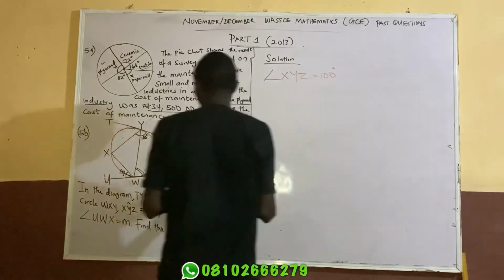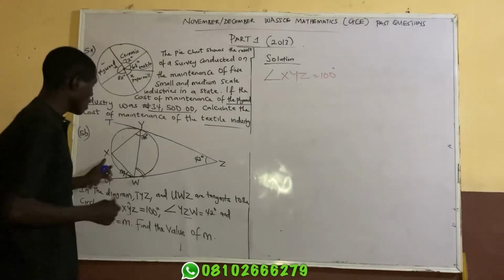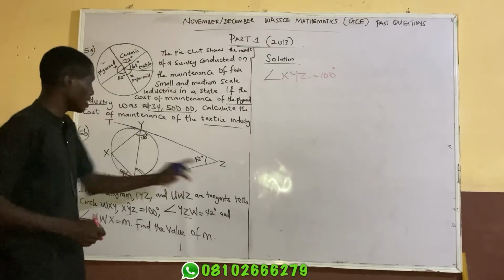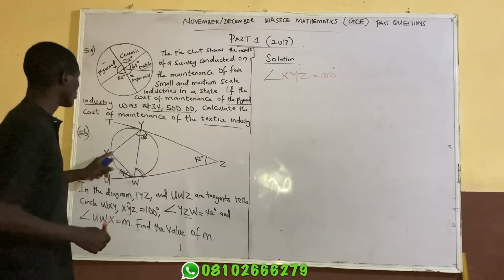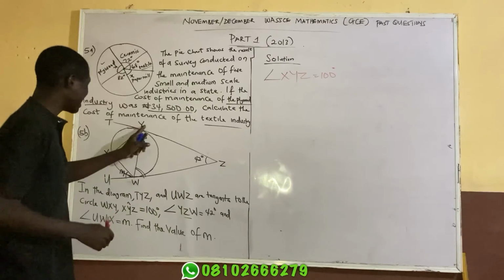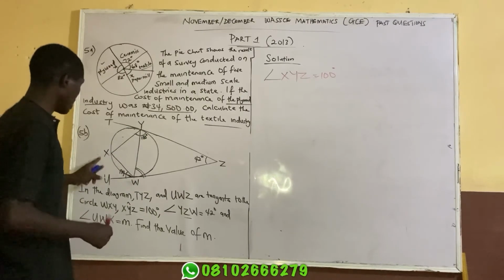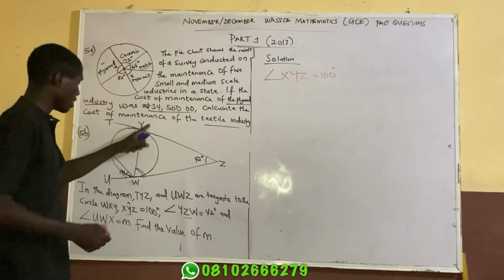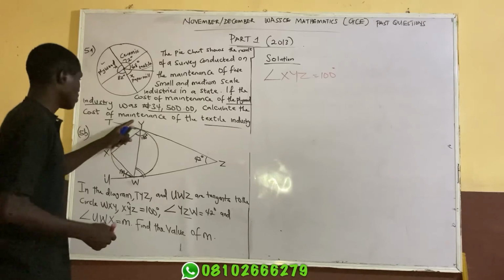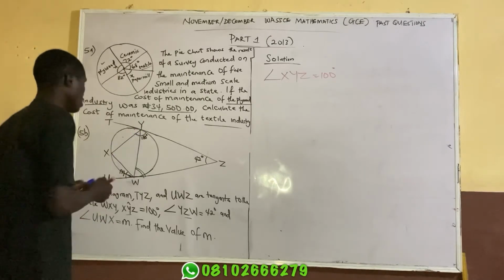And why do we have to consider that? Because angle XYZ is on a straight line with angle XYT, or you can call it angle TYX. Just make sure that the T is in the middle because we are considering this angle.